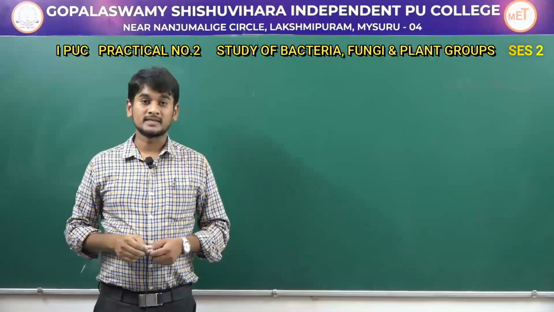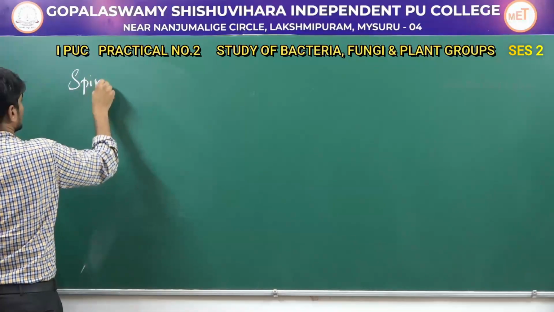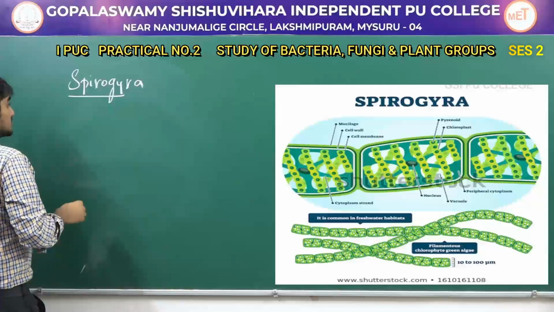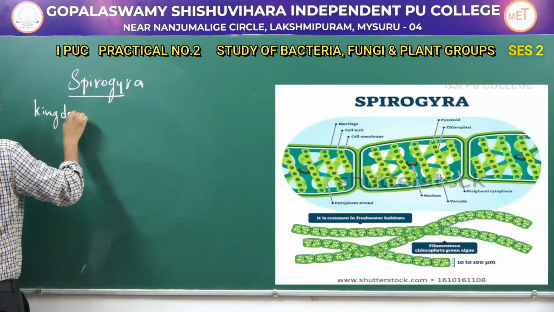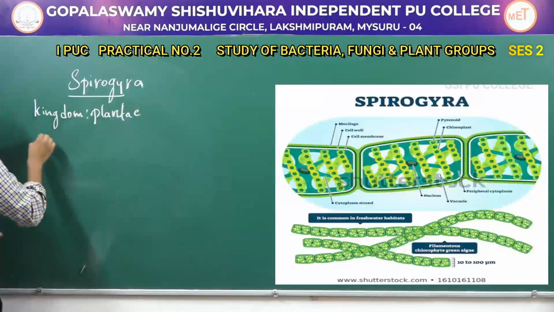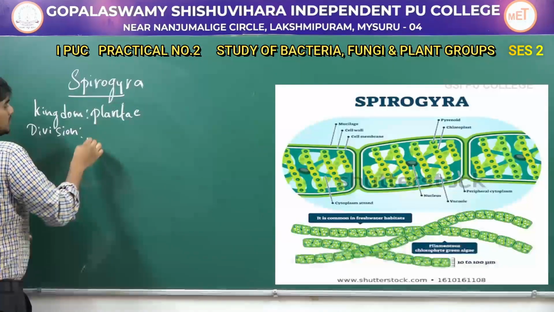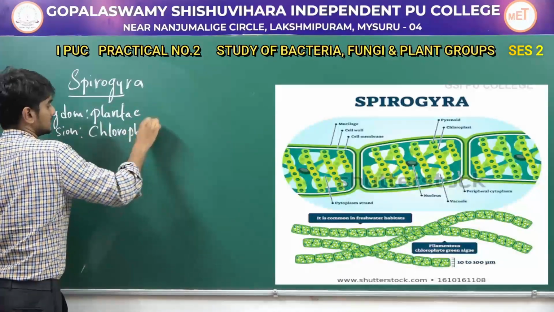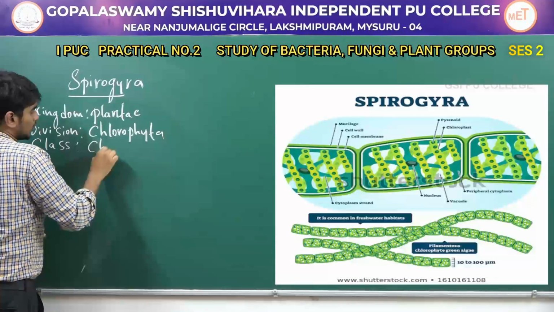The next one is Spirogyra. Spirogyra comes under kingdom Plantae, division Chlorophyta, and class Chlorophyceae.